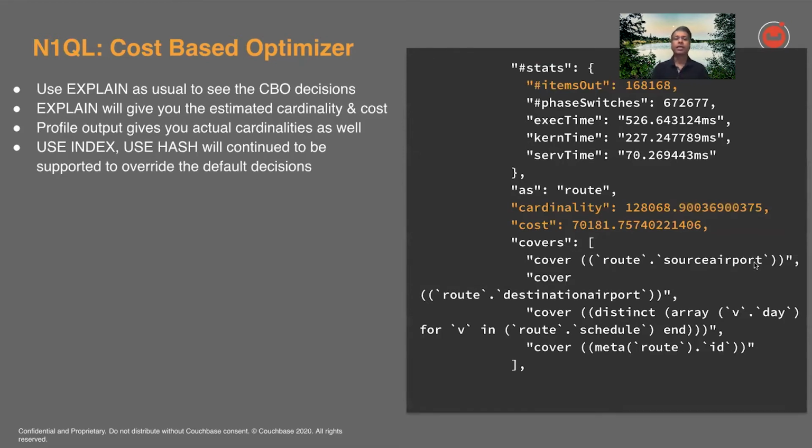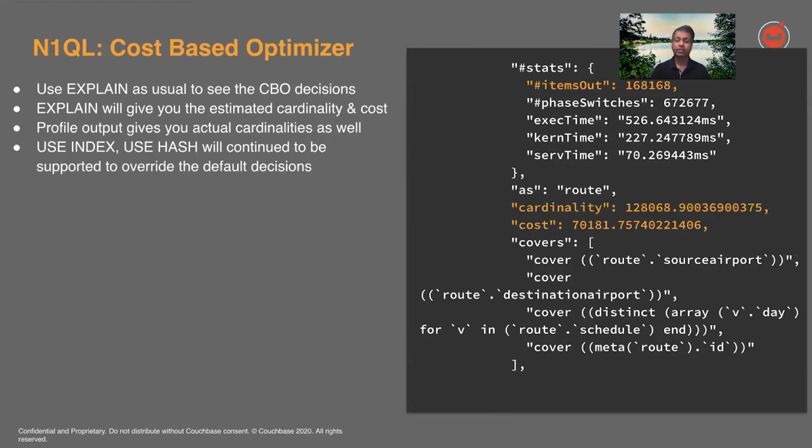So here's an example of an explain plan. Actually, this is a profile which shows what was estimated and what was the cost. So here, the cardinality for this scan was 128,068. The actual items that qualified was 168,168.